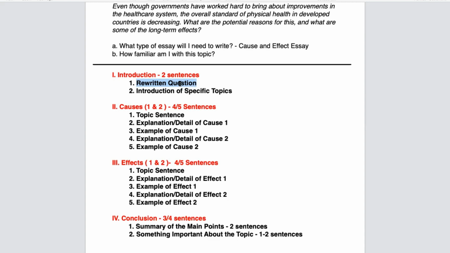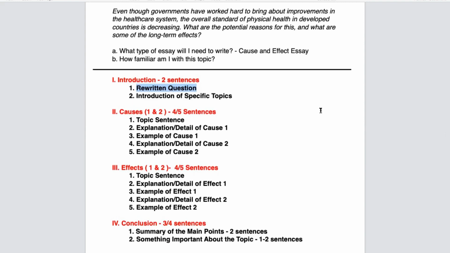Now, the notes I'm going to be making are based off of the keywords in our question and also on my own outside knowledge. So I'm sort of just brainstorming about what I know about governments and the healthcare system. And I'm also thinking about what would be easiest for me to write, because remember, you have about 40 minutes to write this essay.